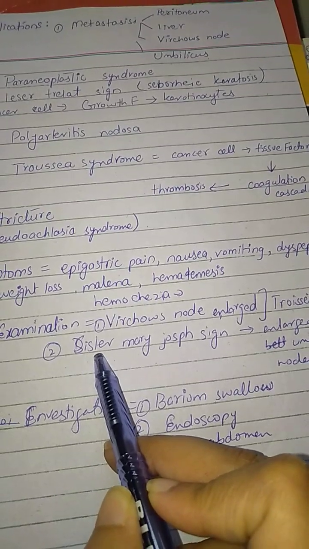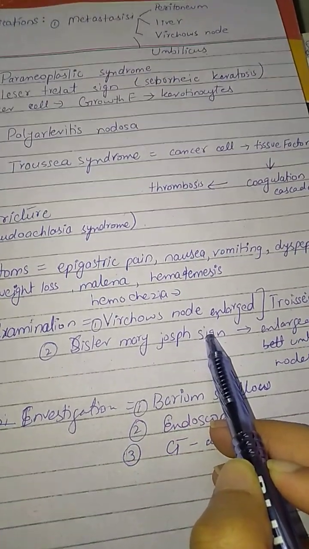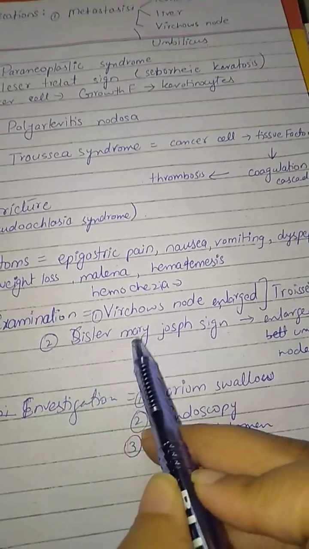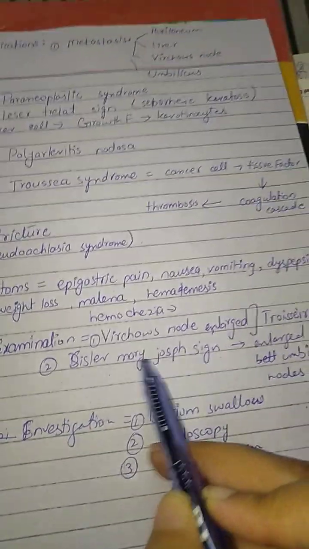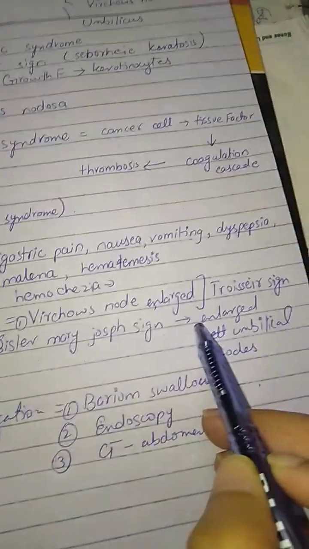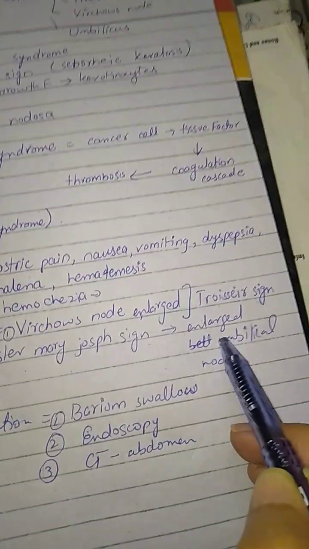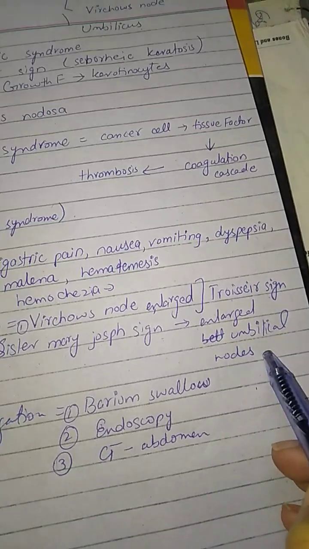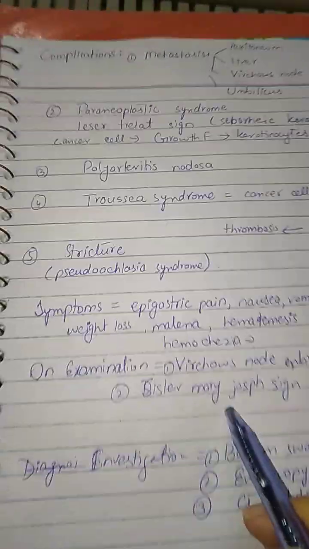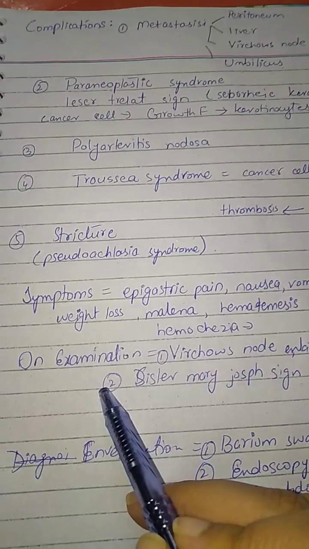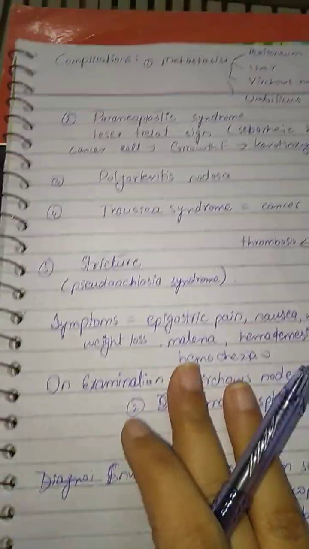You will also assess the Sister Mary Joseph nodules, which are not normally present. It is a sign of metastasis, that is, enlarged umbilical nodes. So these are the signs and symptoms seen on examination.